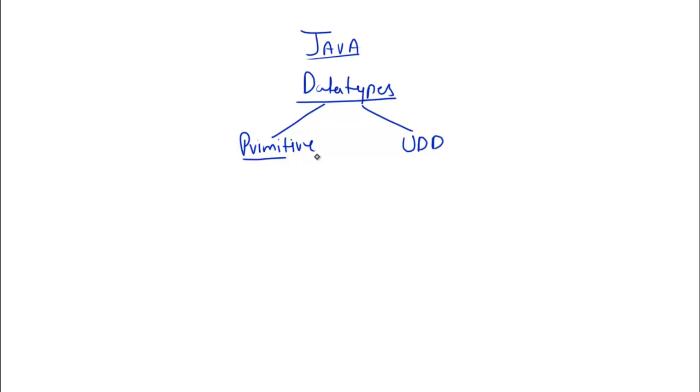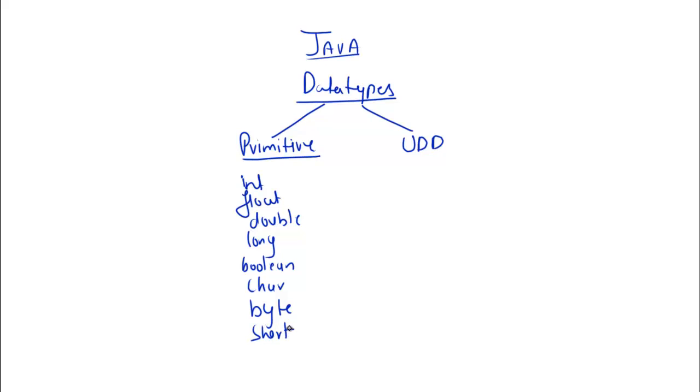Primitive data types are categorized into eight: int, float, double, long, boolean, char, byte and short. These are the 8 primitive data types that Java has given us.